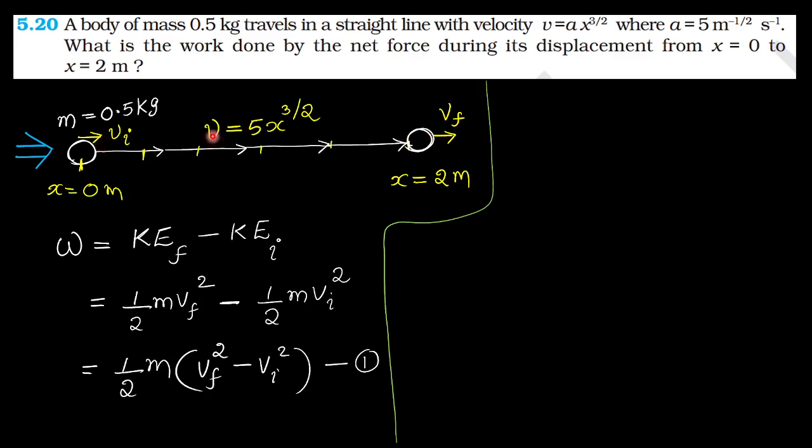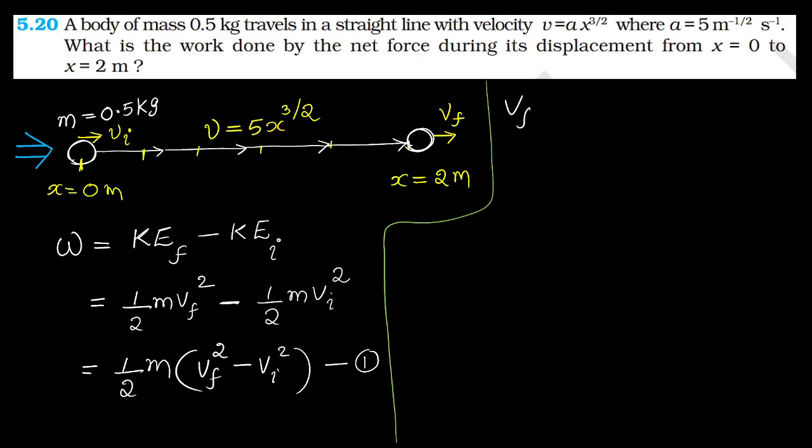But we have a formula for finding velocity: velocity equal to 5 into x raised to 3 by 2. The final velocity is obtained by substituting x equal to 2 in this formula.